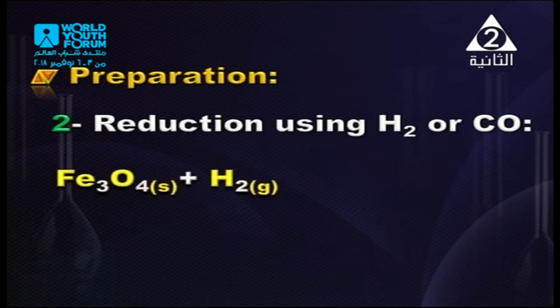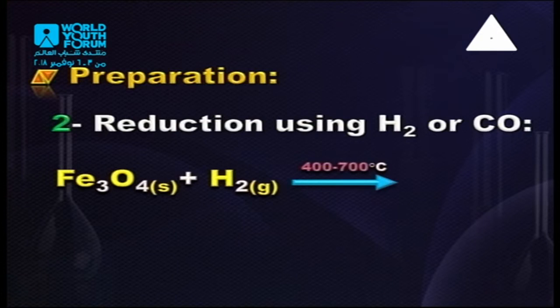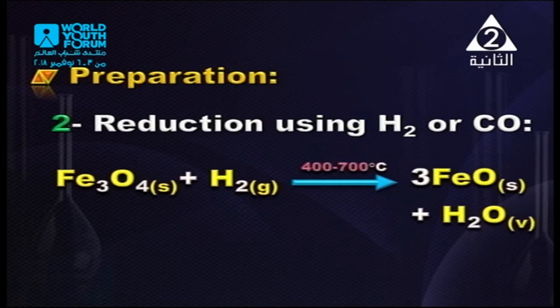When using magnetic iron oxide, Fe3O4, reduced by hydrogen gas, also from 400 to 700 degrees Celsius, it gives iron 2 oxide releasing water vapor. My dear students, you can use hydrogen or carbon monoxide for these reduction processes.